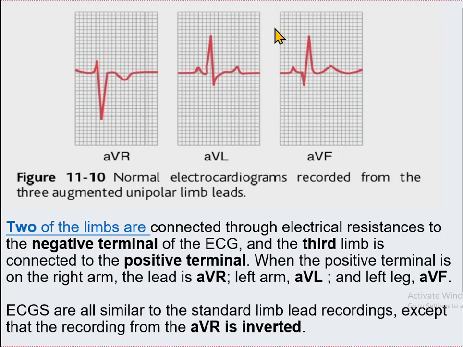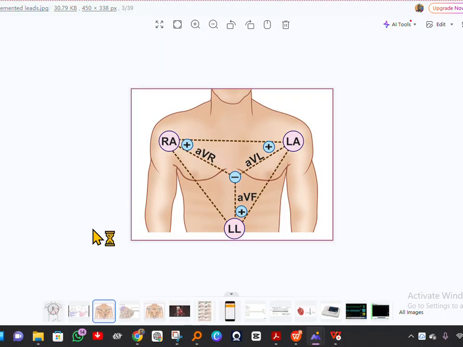Lastly, on these leads, we have the augmented leads. Actually, the augmented leads themselves are not special leads on the electrocardiogram machine. We use the limb leads themselves to create these augmented leads. For example, this is AVR.